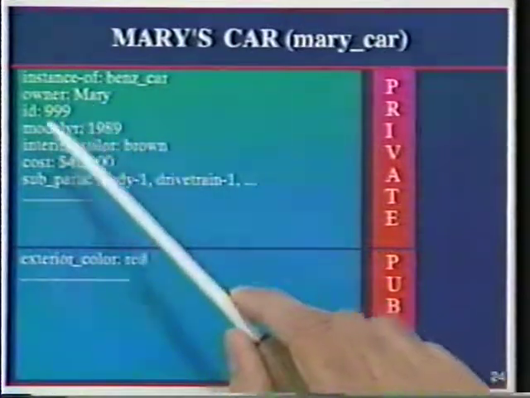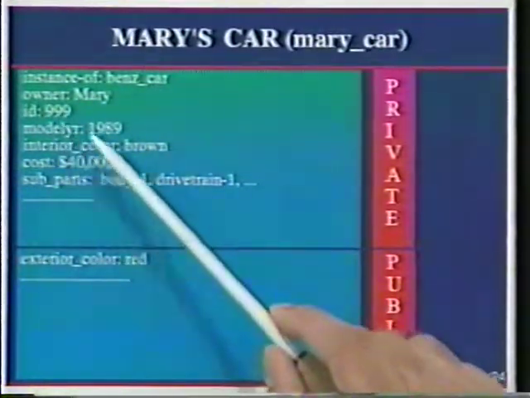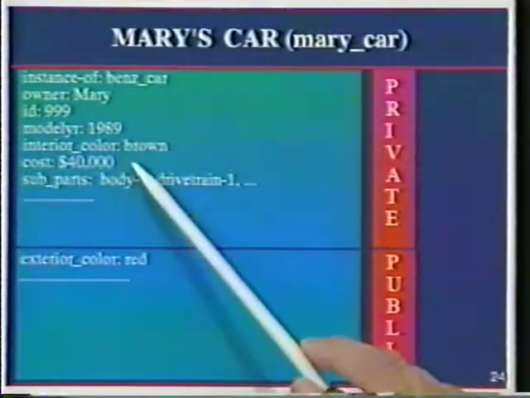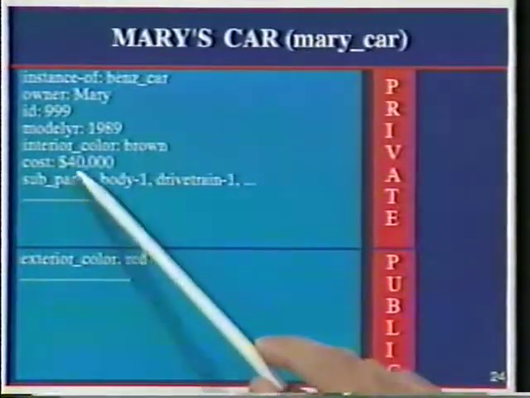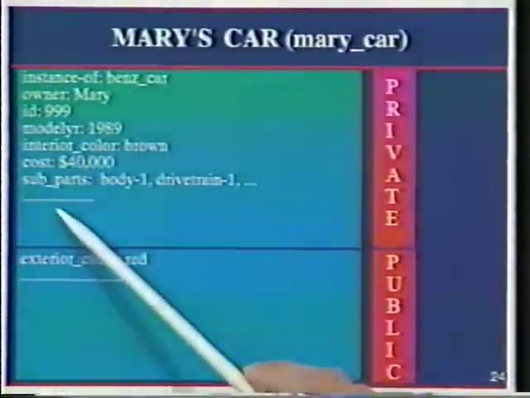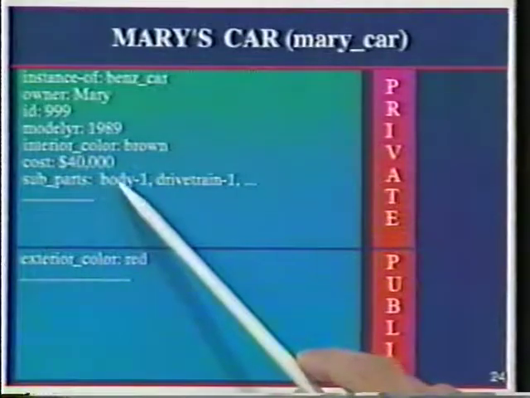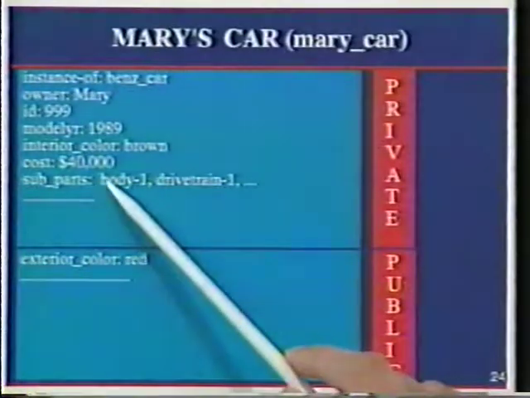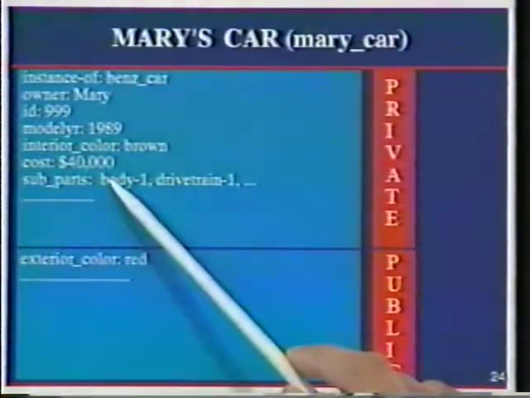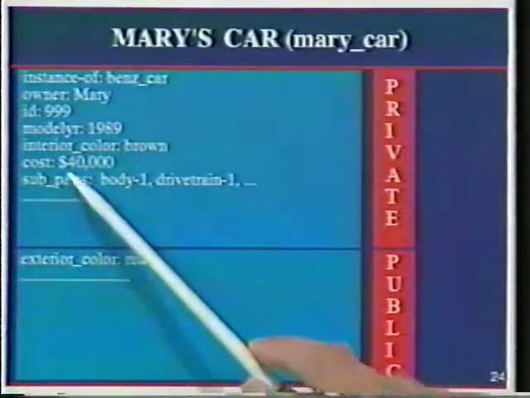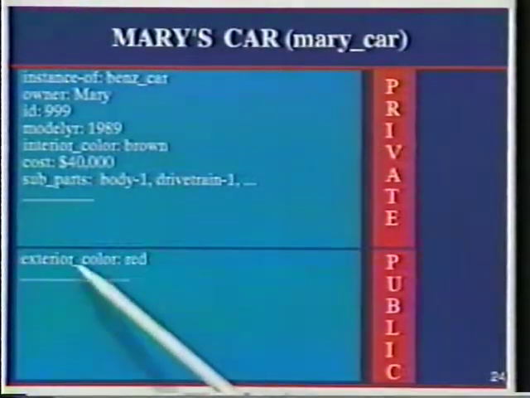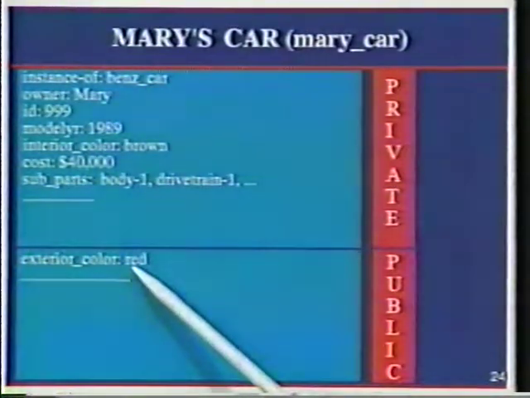The owner is Mary, ID is 999, model year we have changed to 1989. The interior color is brown, the cost is different. The components are the same, but the subparts in Mary's car are different than the subcar parts in other cars such as Jack's car. So, we have modified that, and the exterior color is red, as we have seen before.